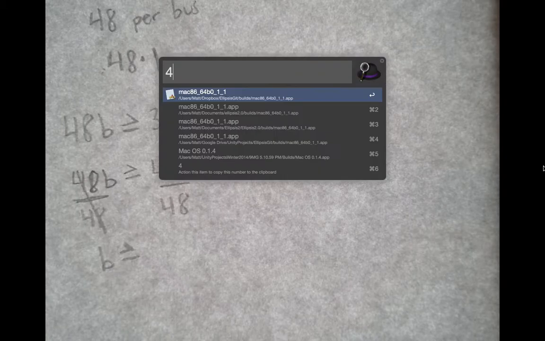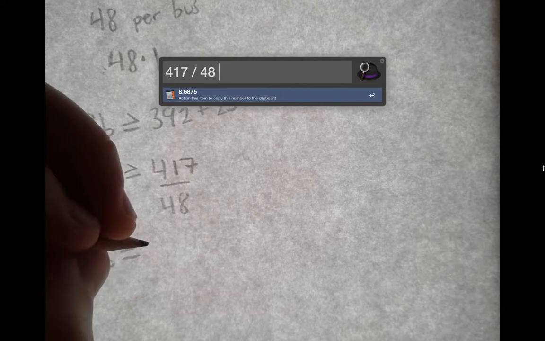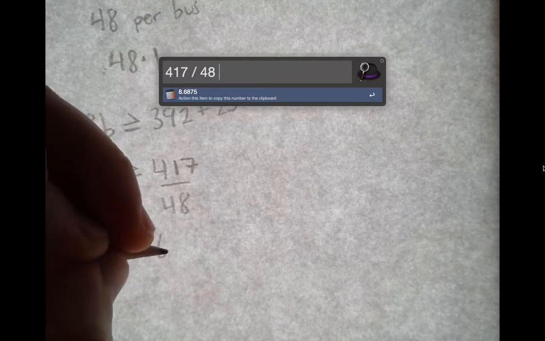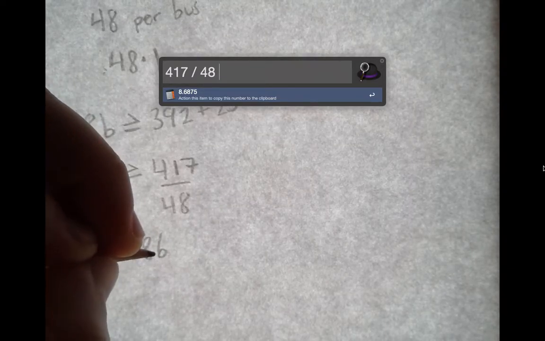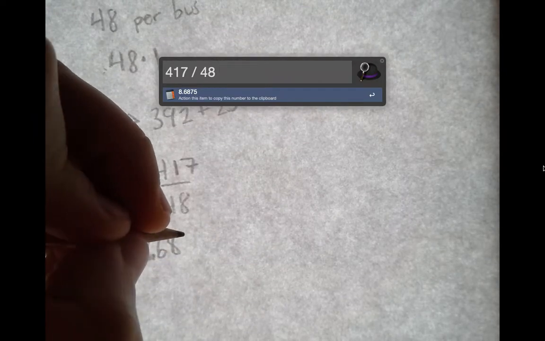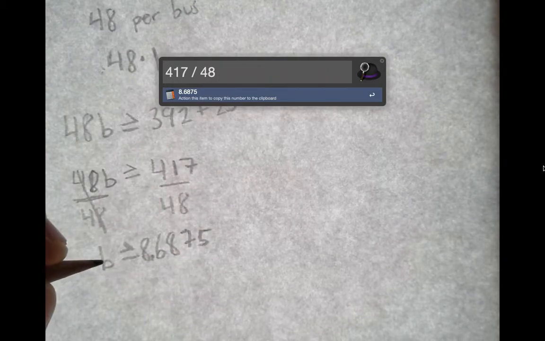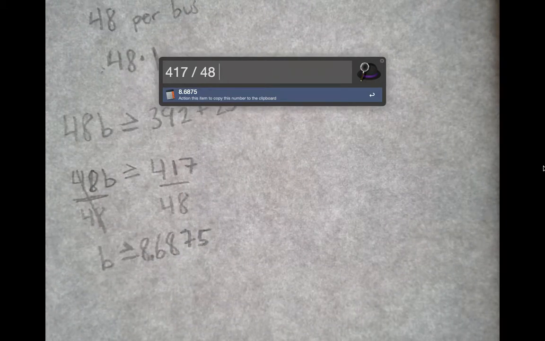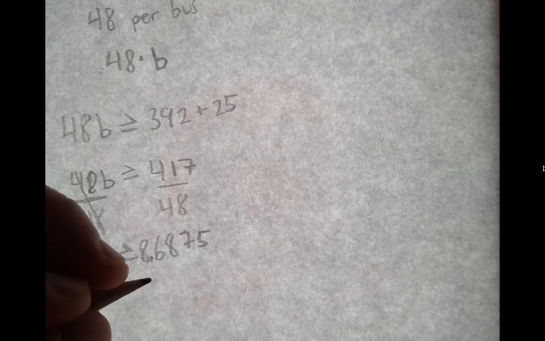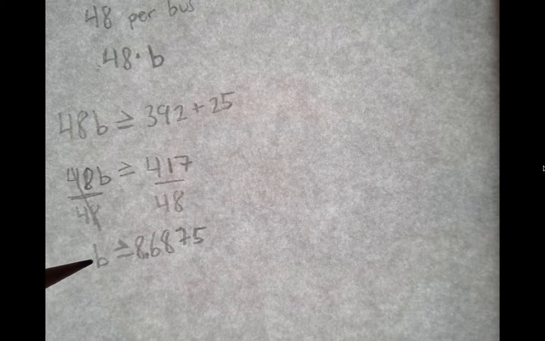I'm just going to use my calculator on my computer for that. 417 divided by 48 is about 8.6875. Now, if the number of buses should be greater than or equal to 8.6875, that means I really need 9 buses, because I can't have half a bus.